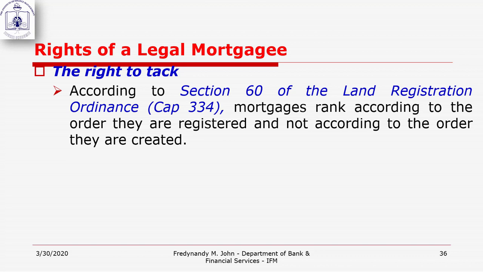Again, this is very, very important. Let me narrate this by using an example. Let's assume that we have two banks. We have Bank A and there is Bank B. Now, again, we have a certain borrower, call him Company C. So, Company C on 26th of March 2020 approaches Bank A for a mortgage.